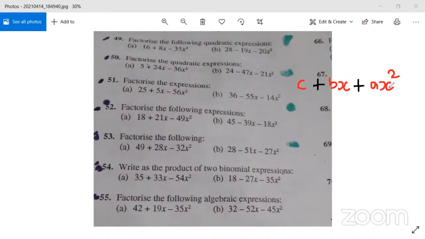So instead of it being ax squared plus bx plus c, it is flipped right around, and of course the a will be negative here and the b will be negative here. Now, the reason why this is relevant is because when I was going to school, factorizing one of these was a little bit more challenging, right?